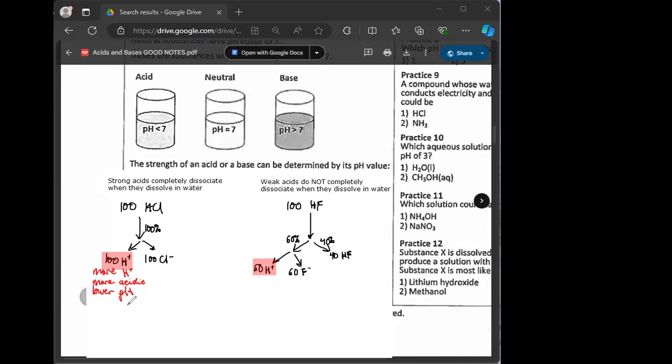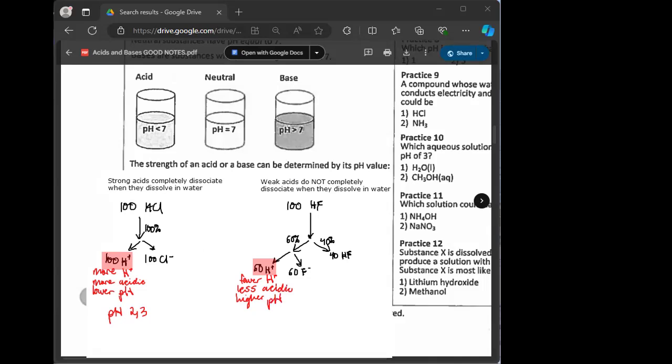Okay, so that means that the HCl could have a pH of maybe 2 or 3. But for the HF, the fewer the hydrogen ions, the less acidic, and therefore it's going to have a slightly higher pH.